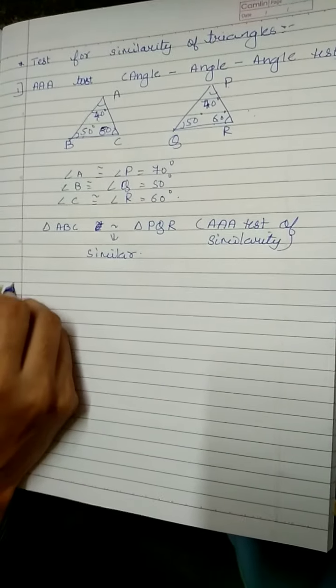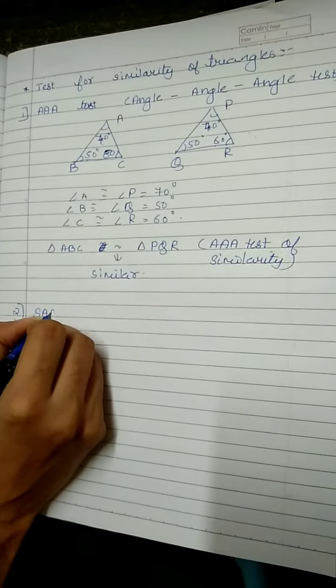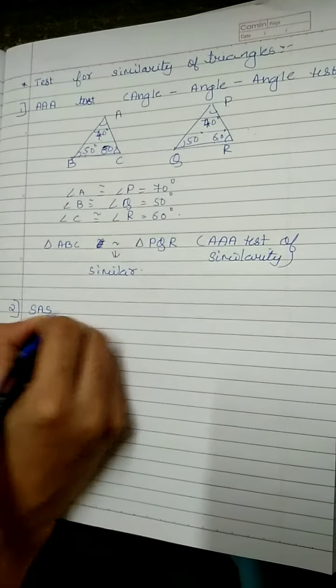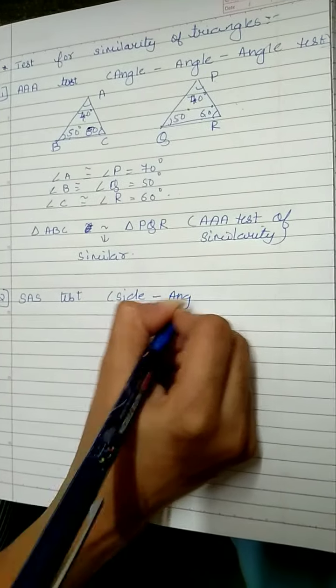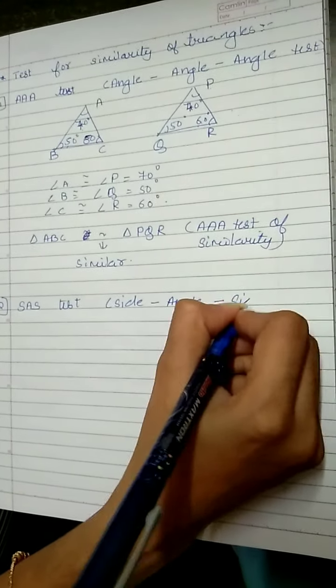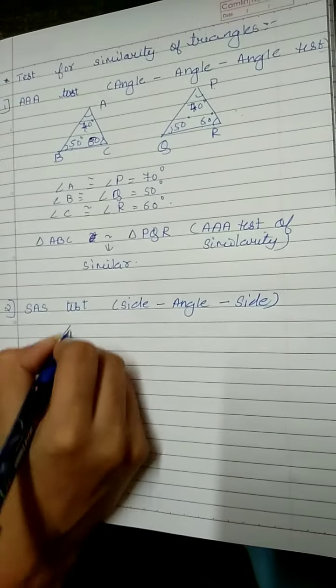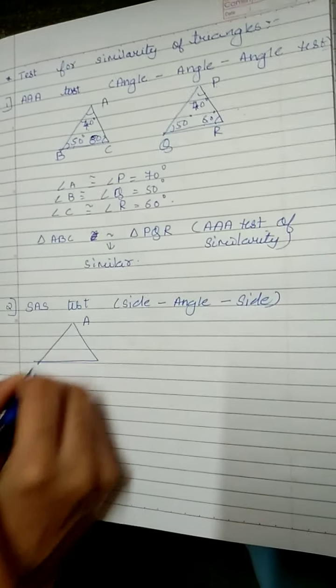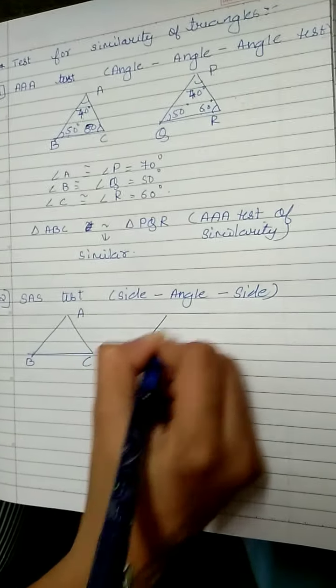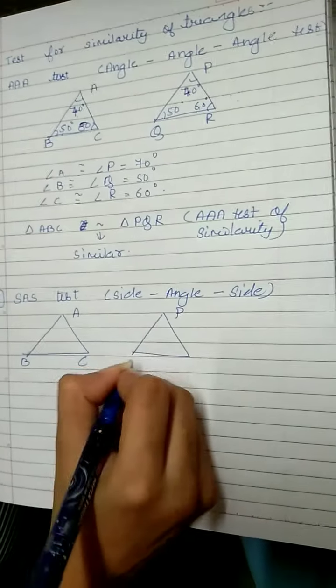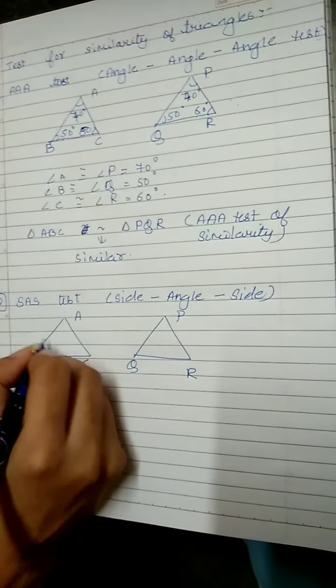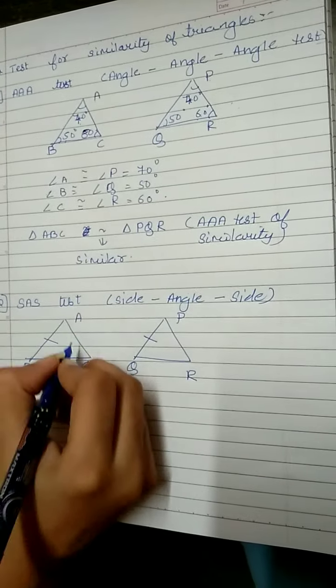Next test is SAS test, that is side angle side. Triangle ABC. Next diagram is PQR. Side means one side is congruent.